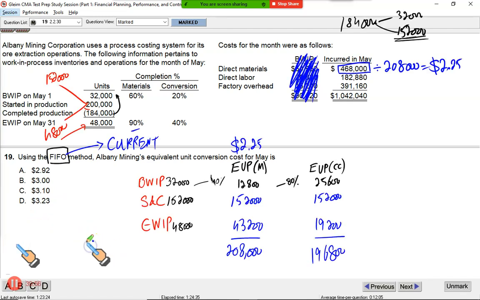In the next step, we have to calculate the rate for equivalent units of conversion cost for May. What is conversion cost? Conversion cost is the sum of direct labor and factory overhead, or manufacturing overhead.